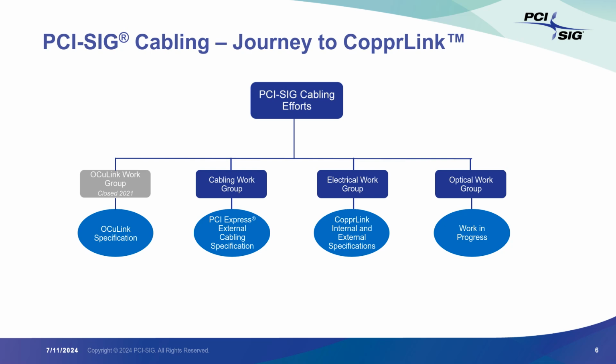And there's a new optical work group that was formed last August that's exploring different solutions to support optical PCIe links. In addition, there's the Oculink work group that has come and gone in that same time frame, working on a solution that attempted to cover multiple aspects of these solutions in one specification. We'll talk more about that a little bit later today.